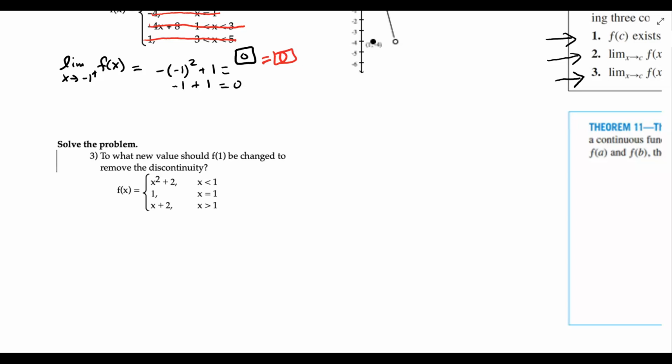Well, let's just assume that we have the graph and it looks something like this, and this is the value when x equals 1. I'm just pretending this is the graph. I don't know if that's actually the case, but clearly it's discontinuous at 1, and let's see why.